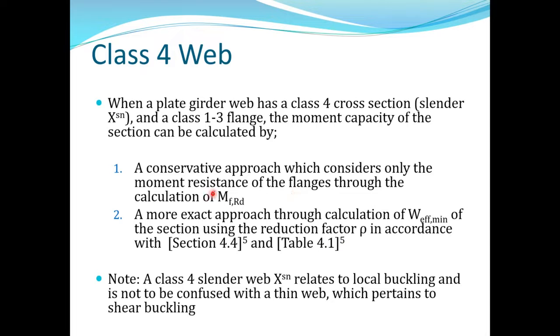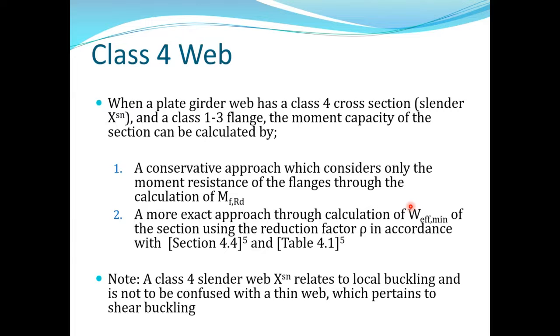So obviously the easiest one is option 1, which is to make sure that the flanges have good enough resistance to withstand the applied moment and not worry about the contribution of the web in terms of buckling or bending resistance. Or if you want a more exact solution, then you can work out the effective elastic modulus of the section.